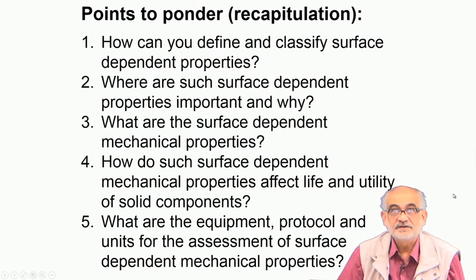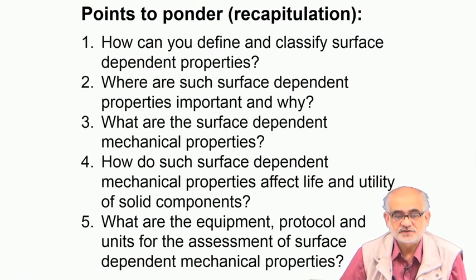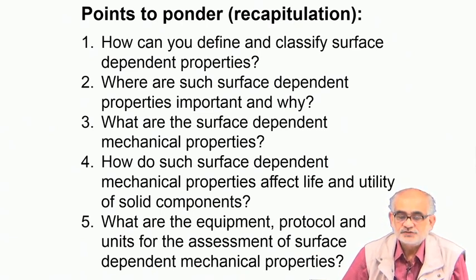So, it's time to now take a look at or summarize what exactly we have discussed so far. We made an attempt to understand what are surface dependent properties and where do they come from, and we tried to classify them into primarily 3 major baskets of physical, chemical, and mechanical.